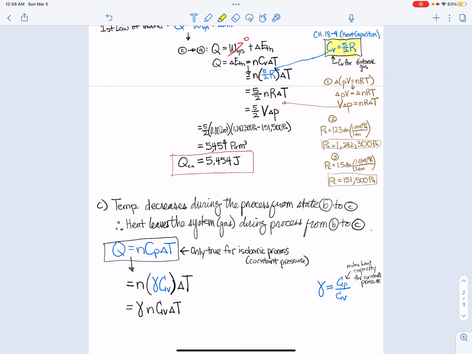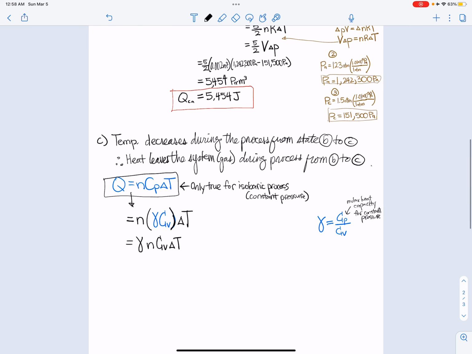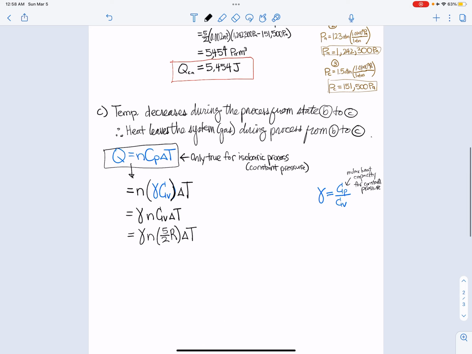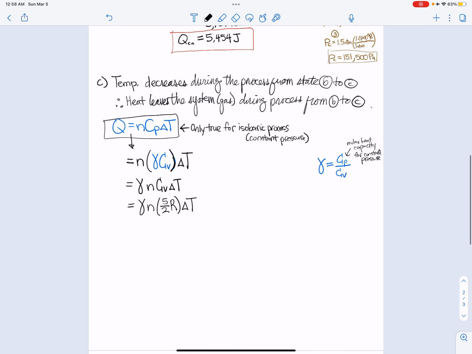So I'm going to substitute Cv for 5 over 2 R, which gives gamma n times 5 over 2 R times delta T. Again, I'm going to take out my constant, 5 over 2. So I've got 5 over 2 times gamma times n R delta T.